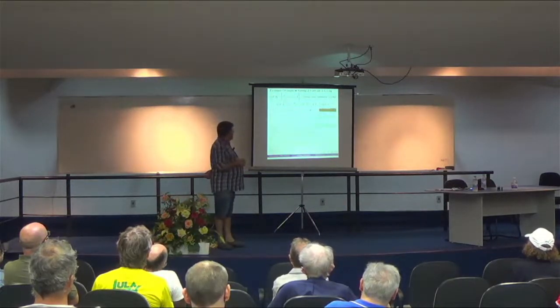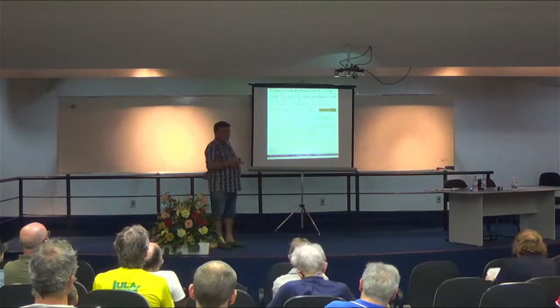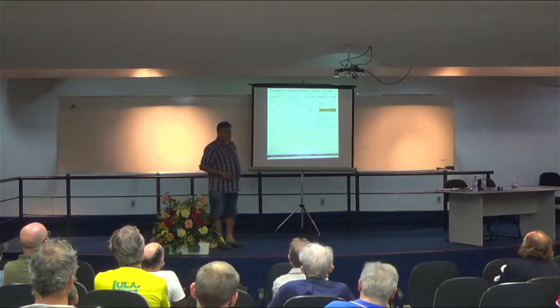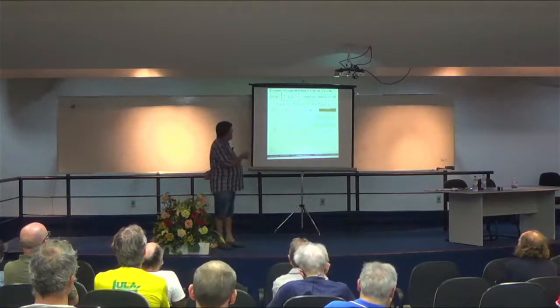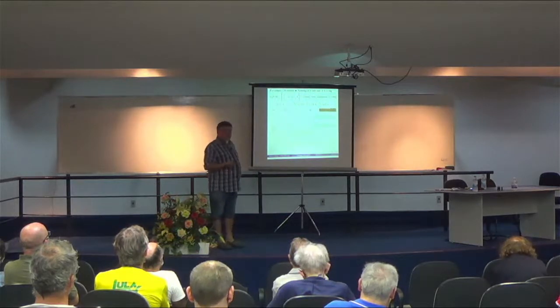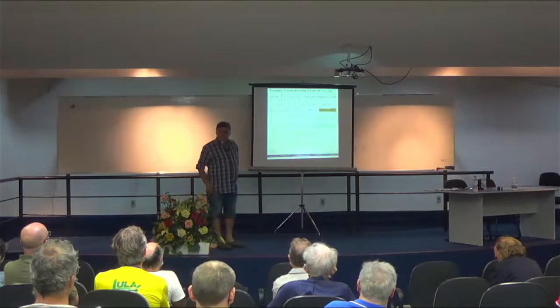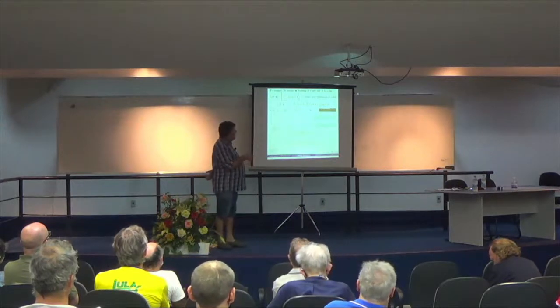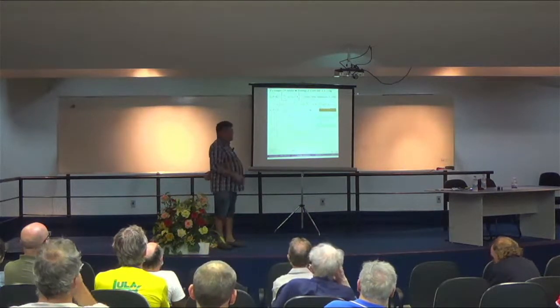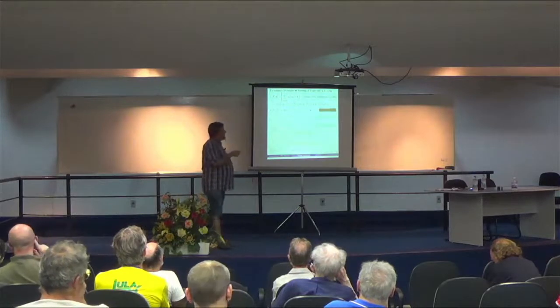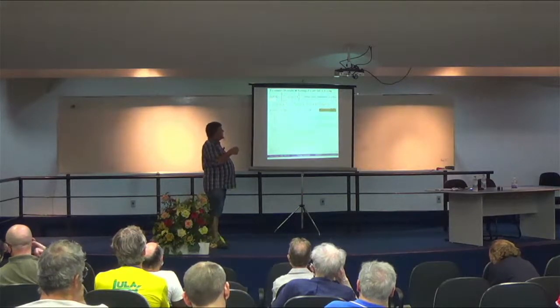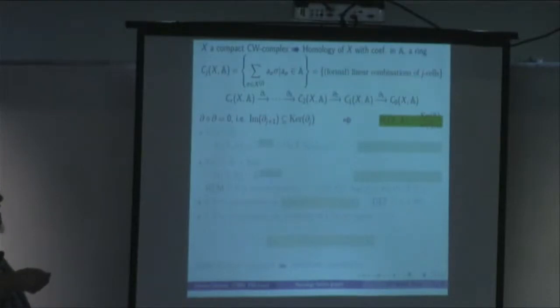So if you have a manifold with cellulated manifolds, or more generally a CW complex, you can associate the homology of this space X as soon as you have chosen a ring A. So first of all, you start by considering the space of chains, which are formal linear combinations of G cells.